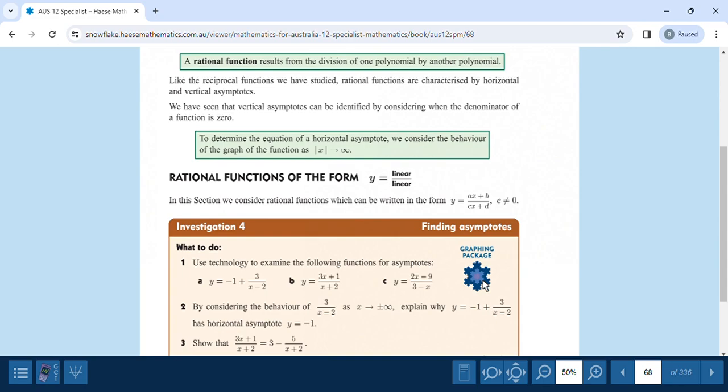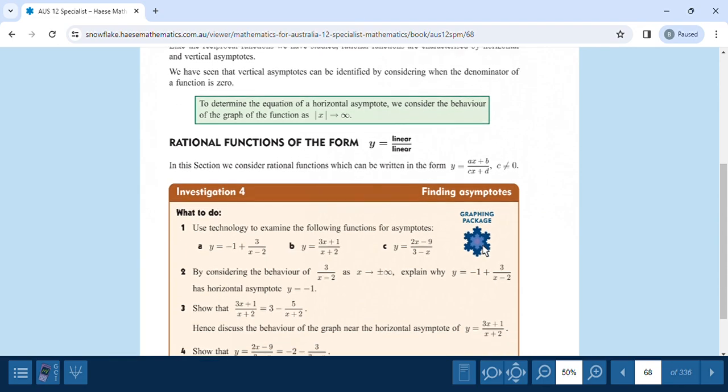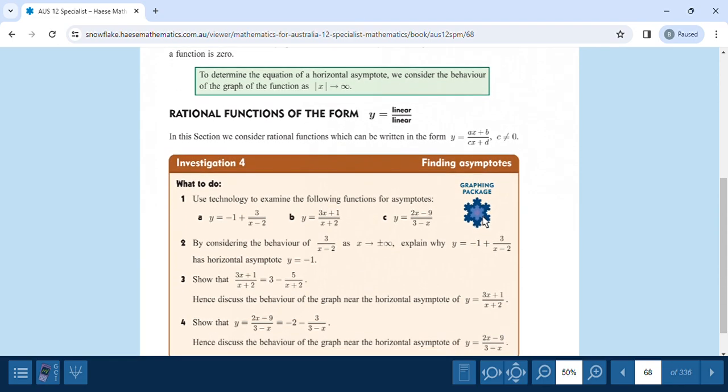So when x approaches negative infinity, and when x approaches positive infinity, is basically just what that is saying in that box. So we look at the two aspects, and that determines the equation of the horizontal asymptote.